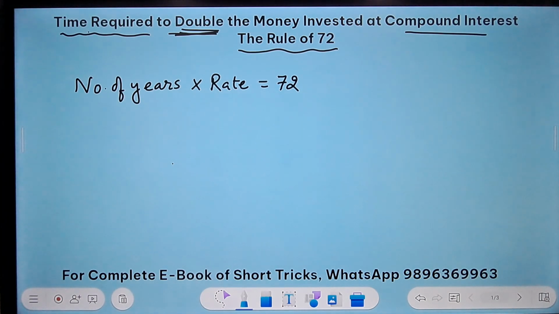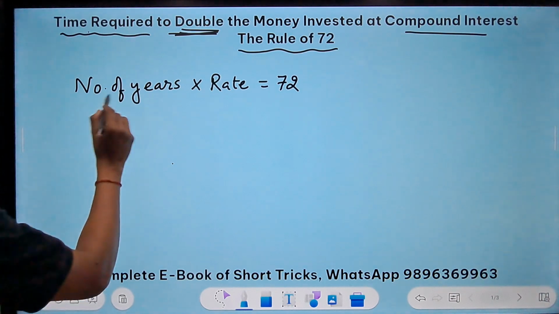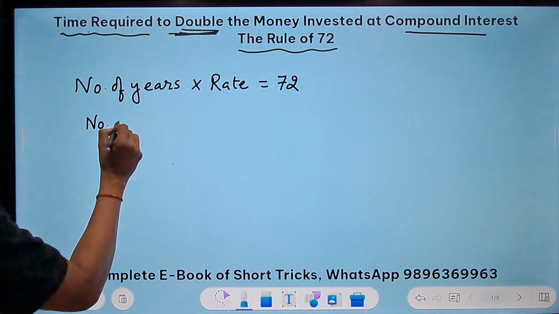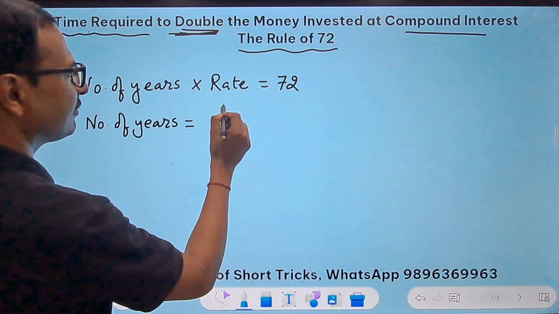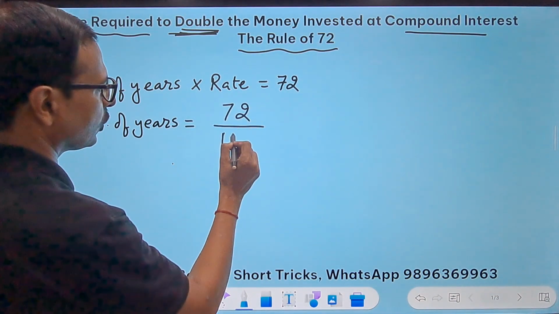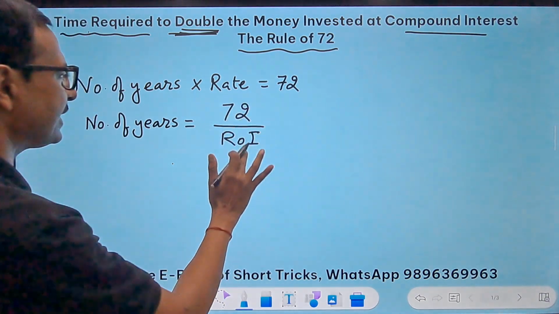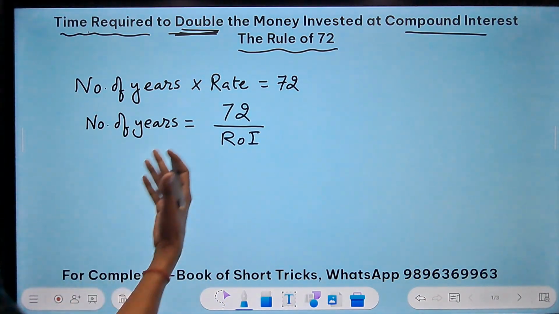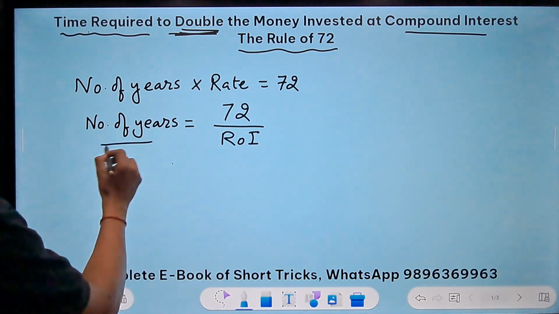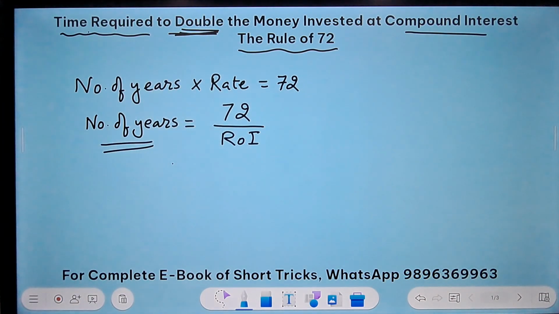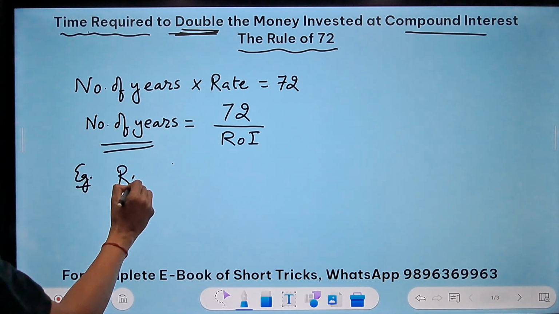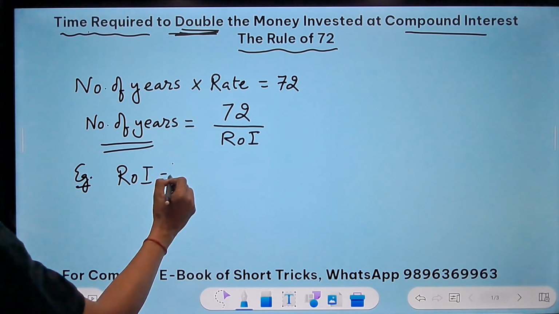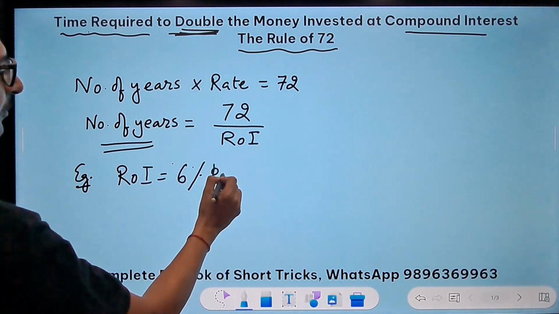That means when you have to find in how much time the money doubles itself. And so if you have to find the number of years after which the money will double itself, you just have to divide 72 by the ROI, that is the rate of interest. And surprisingly, that will give us the number of years in which the money doubles. Let's take an example where the rate of interest given is 6% per annum.